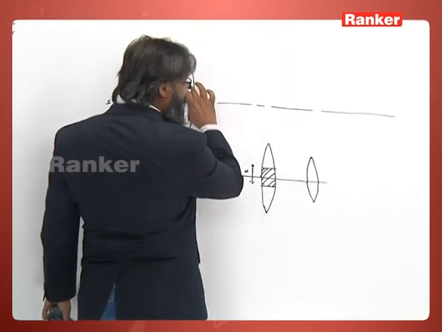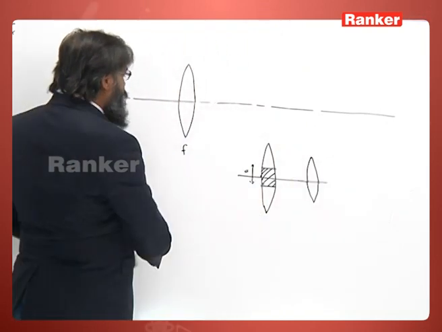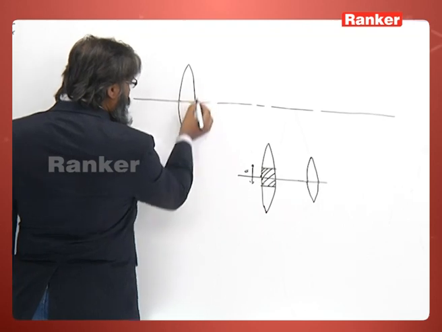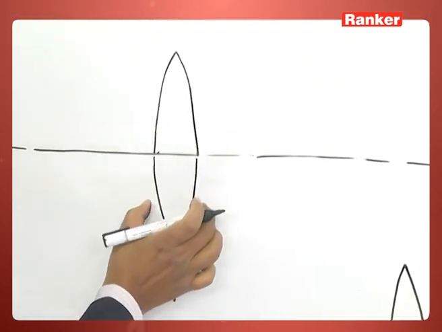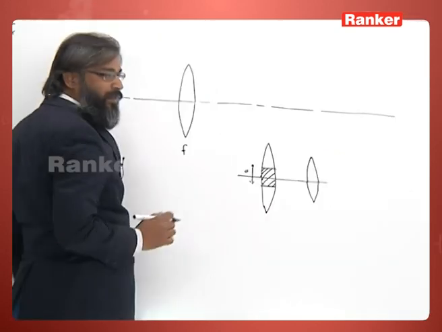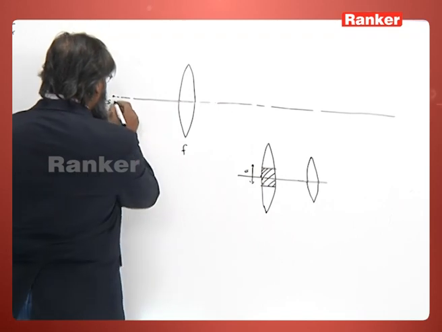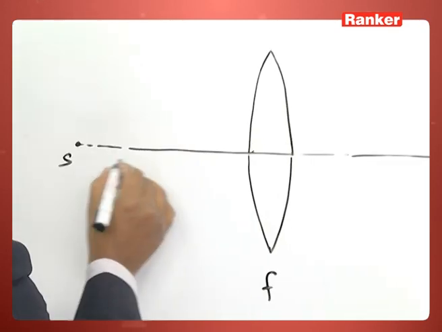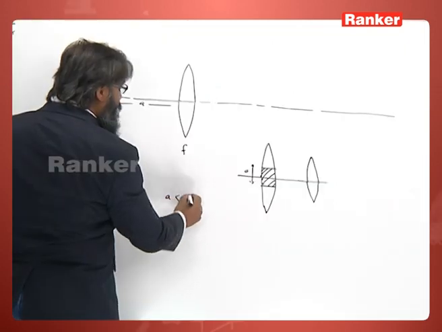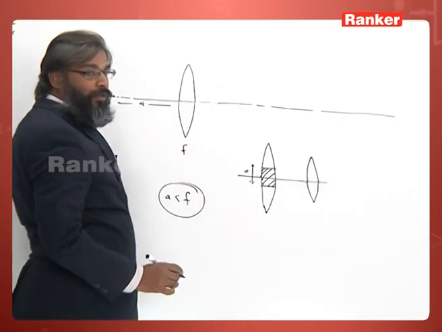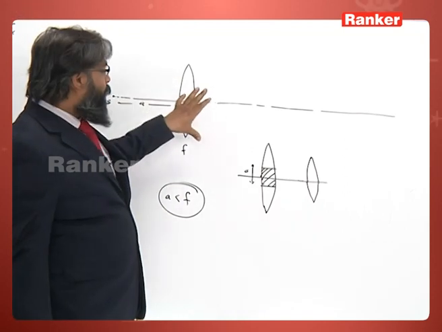So my lens is this thing. That means I have already removed the portion. Now this half has an optic axis d by 2 distance here, and this half has an optic axis d by 2 distance here. And I have placed a source at a distance a, which is less than the focal length, so that I can see a virtual image.